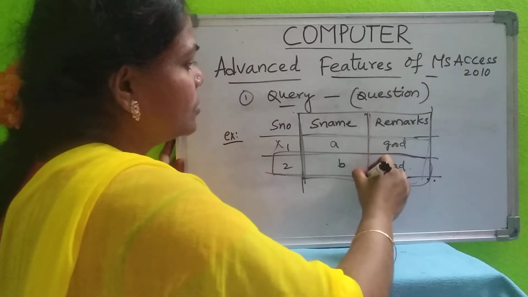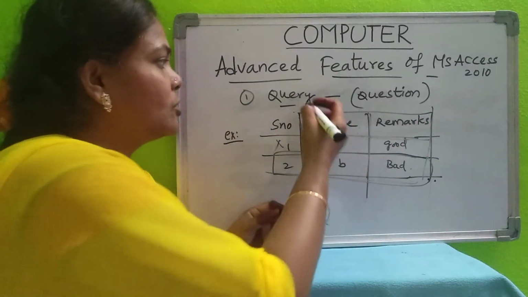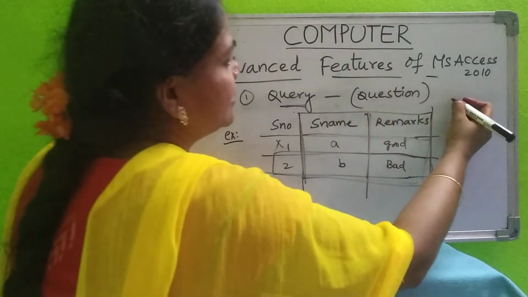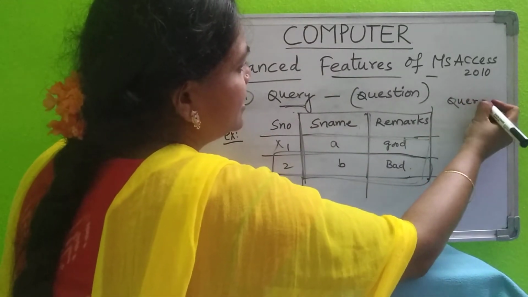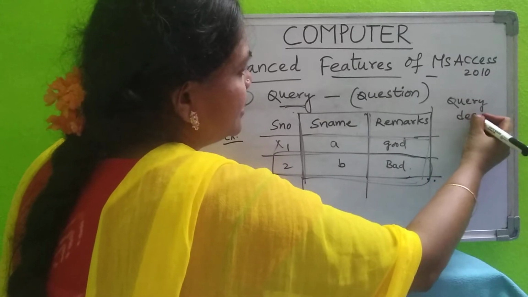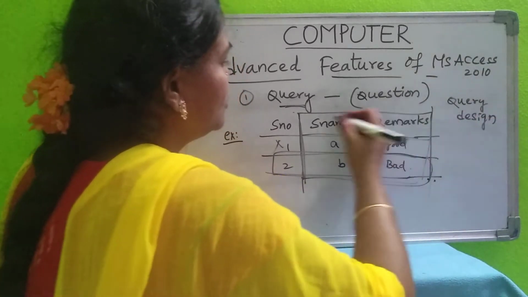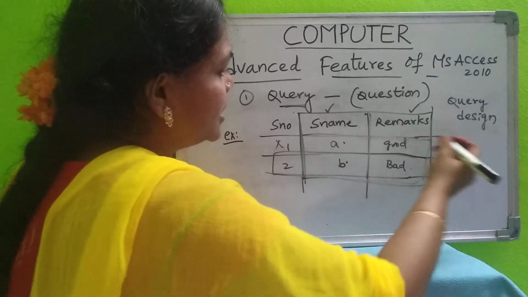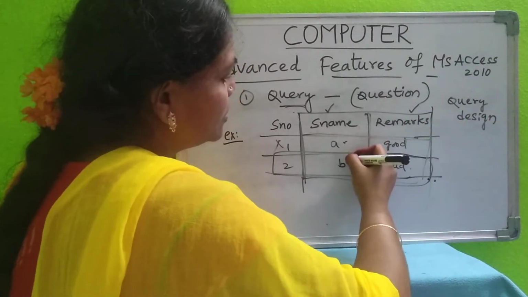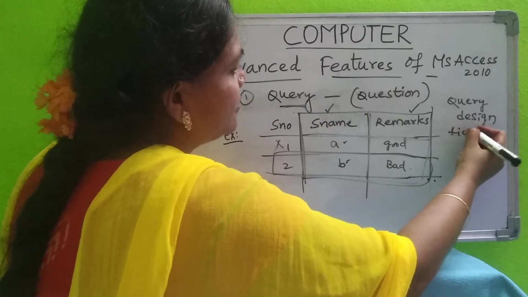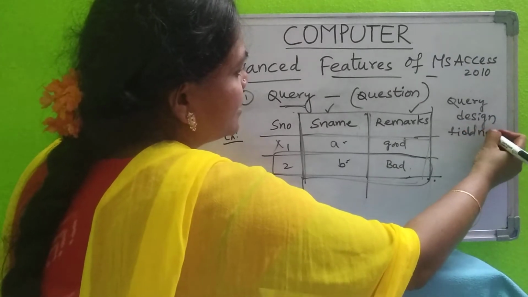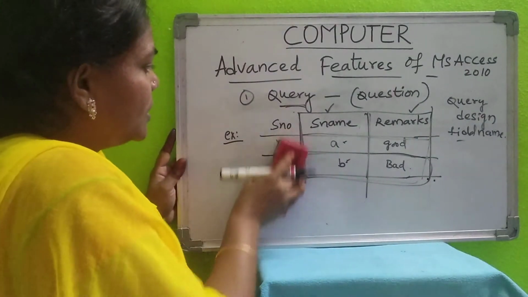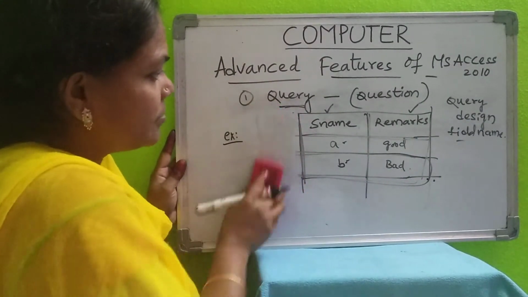So you have to go to the query wizard, the query design. In this query design you can select these two columns, name and remarks, and the order, ascending or descending. You can select the field name and the order also. Then only these two columns will be displayed.